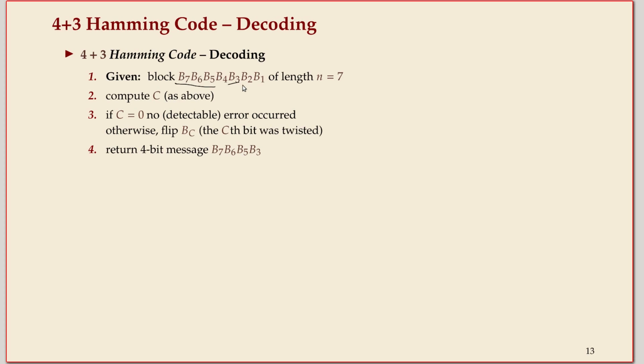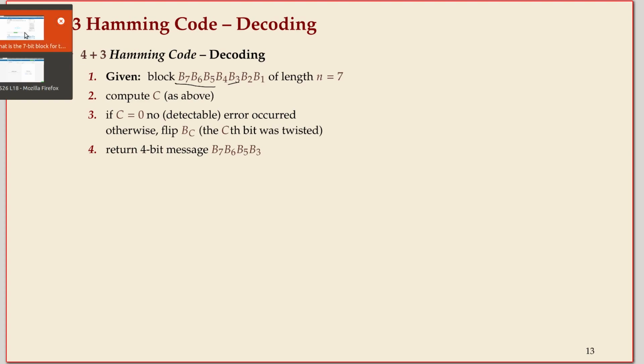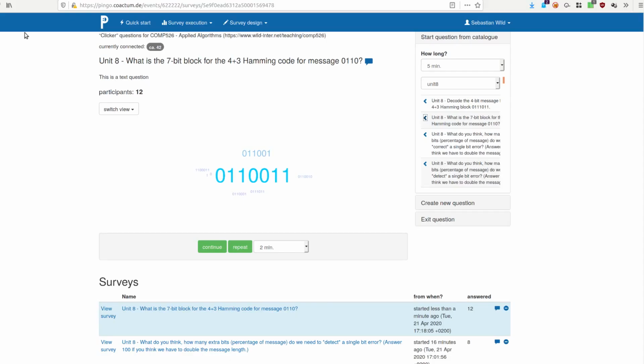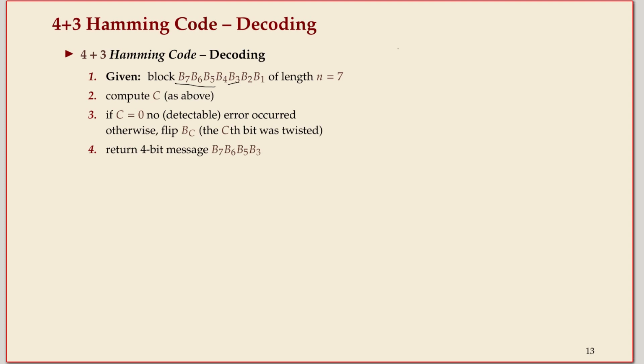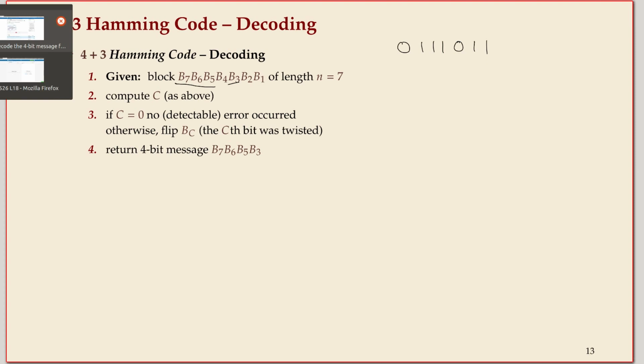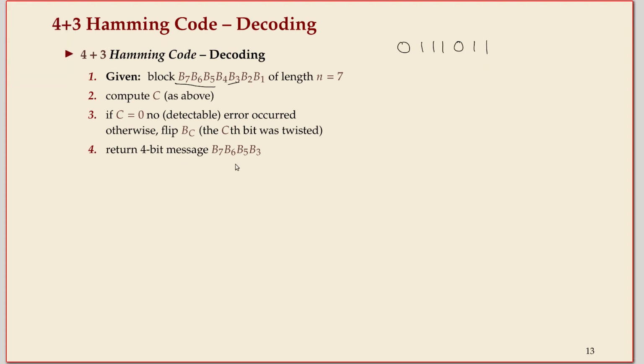So one more time, let's try to practice that. Let's take 0, 3 ones, 0, 1, 1. Let's take this code and you try to decode it. You try to find the message that is behind this code.